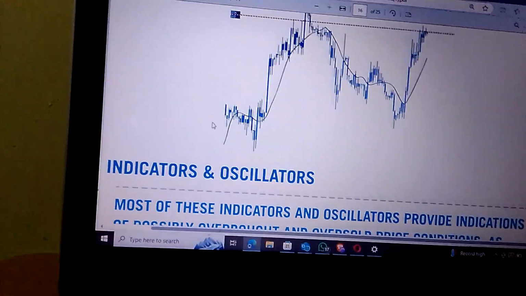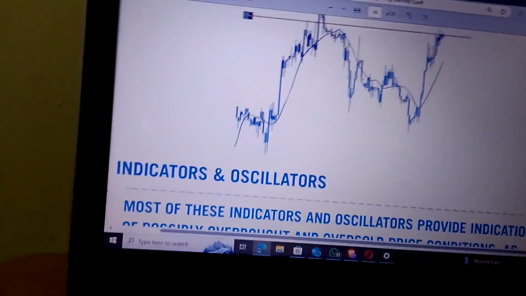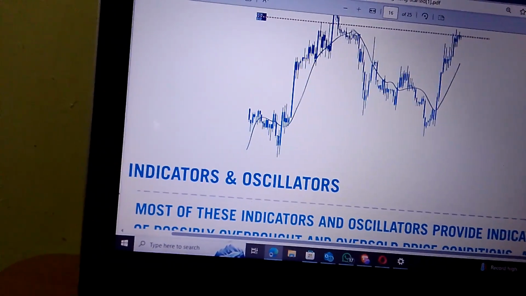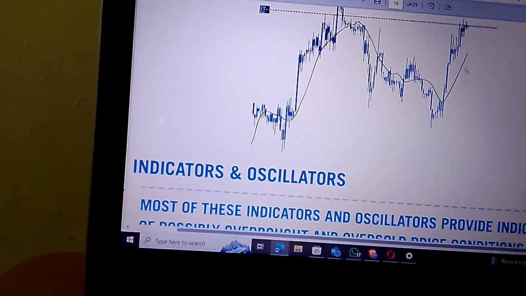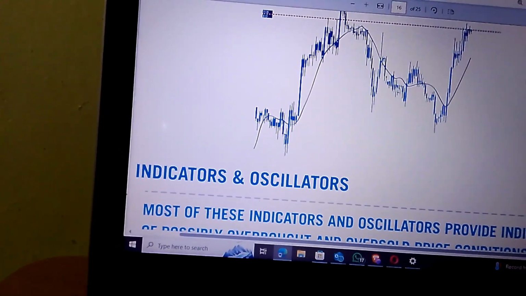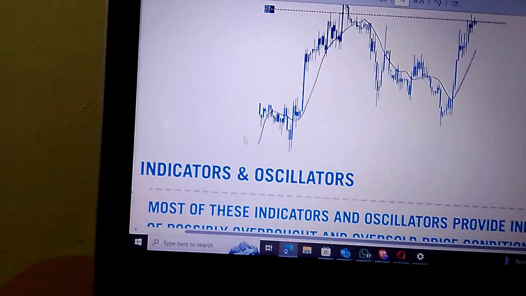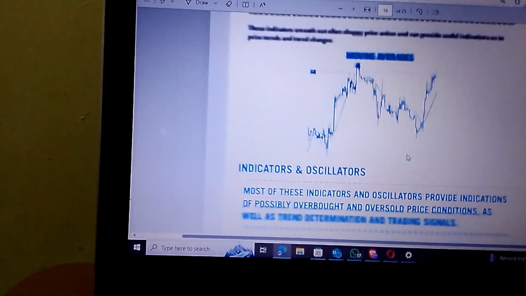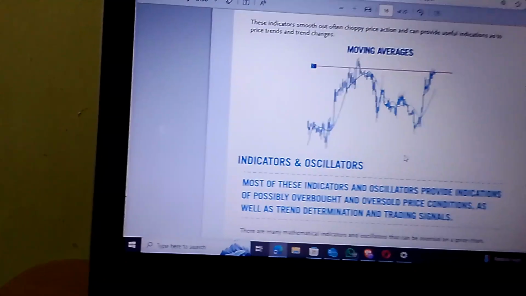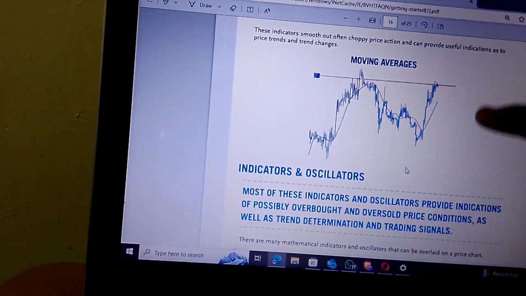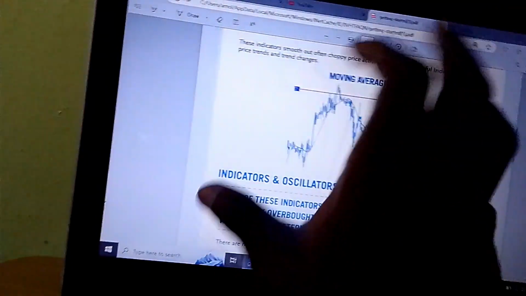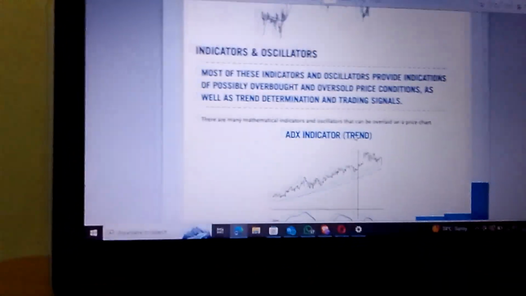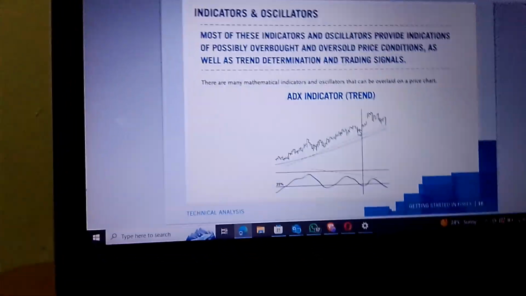This guy has made a smooth curve cutting through the prices just to see how the prices move generally. So that's the moving averages. You can use that to know whether when it reaches this point, will it go down or will it continue going up. If you look at it for a longer period of time, you can know where it will be going.